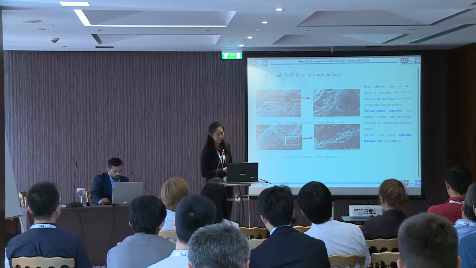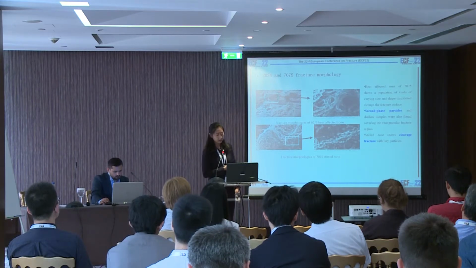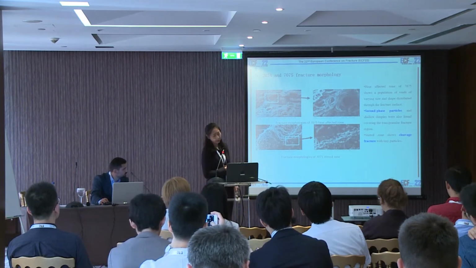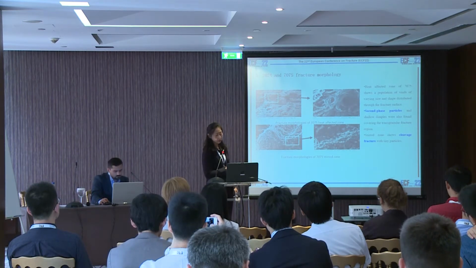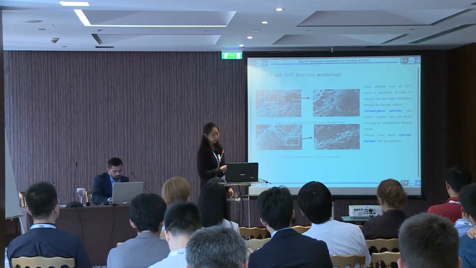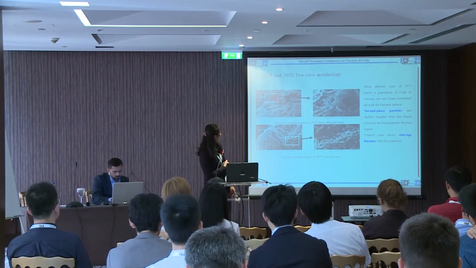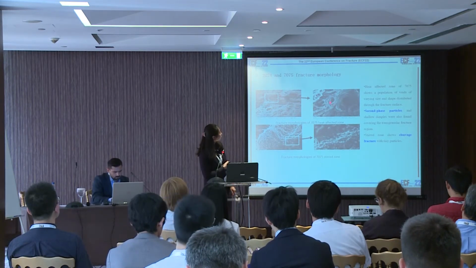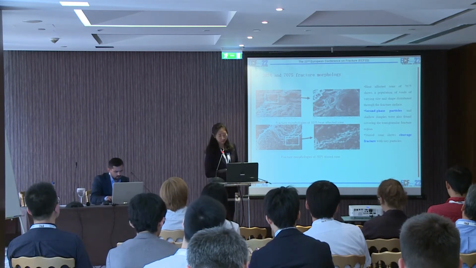And this is the heat affected zone of the 1775. We can see that there is a population of voids of varying size and shape distributed through the fracture surface. And there are also some second phase particles. It's not clear here.